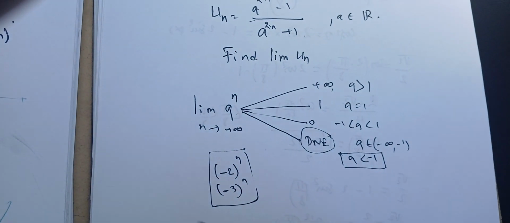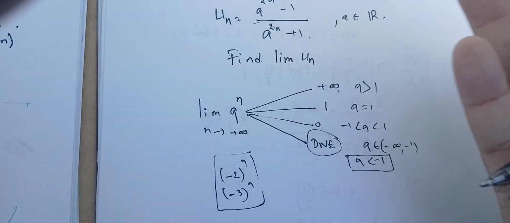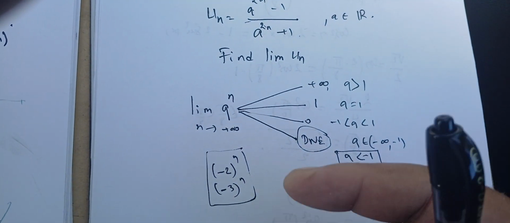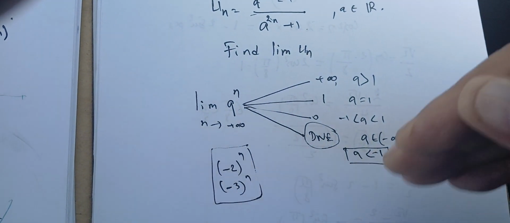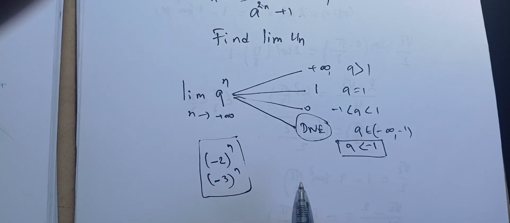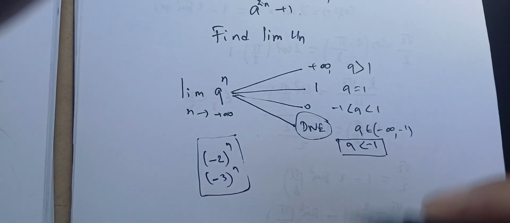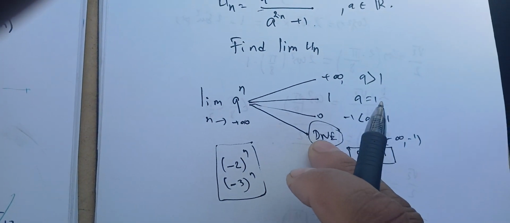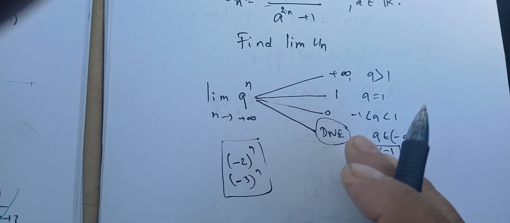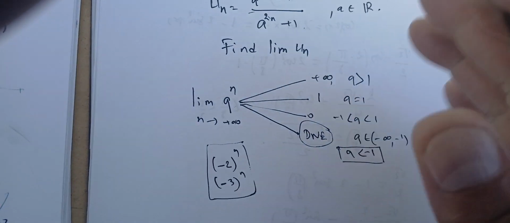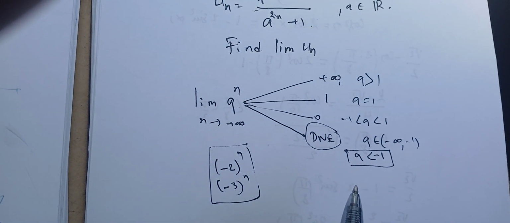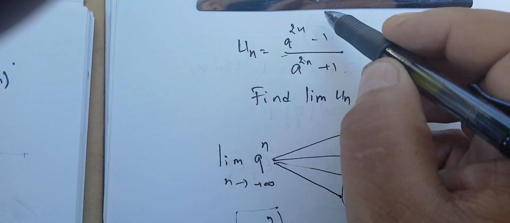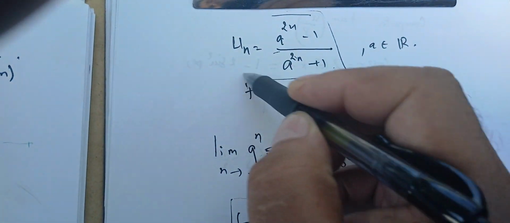It doesn't have what we call a uniform behavior, meaning it doesn't follow a certain path uniformly. It's going to jump up and down depending on the values of n and the parity of n. That's what we mean by doesn't exist: sometimes it's up, sometimes it's down. So now we're going to use this idea.